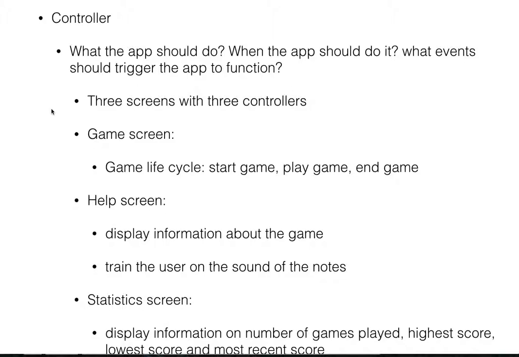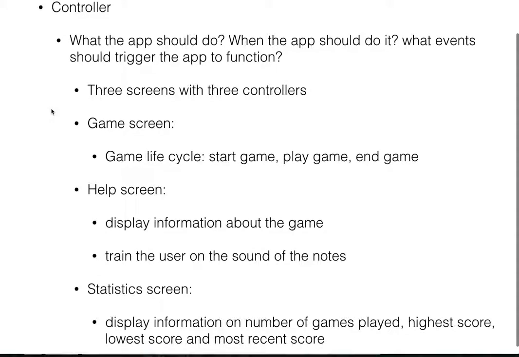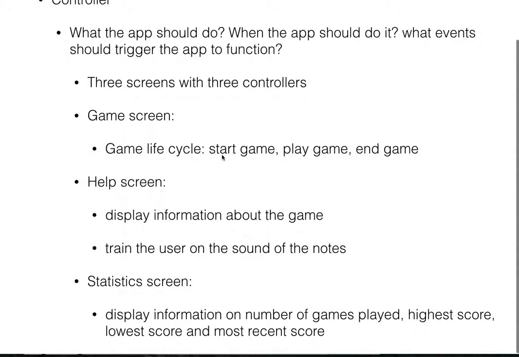So what does the app need to do? I described that a little bit when I walked you through the mockup. We have three screens. Since each screen has its own logic and its own functionality, each screen needs its own independent controller. So we're going to have a game screen that's responsible for managing the game life cycle: starting the game, playing the game, and ending the game.